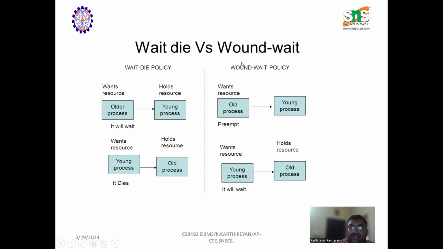This is wait-die versus wound-wait. In the waiting policy, if an older process wants the resources, it will wait. If a younger process wants resources held by an older process, it dies. So in the wound-wait policy, when an older process wants a resource held by a younger process, it preempts it. When a younger process wants a resource that is held, it will wait. This is wait-die versus wound-wait.